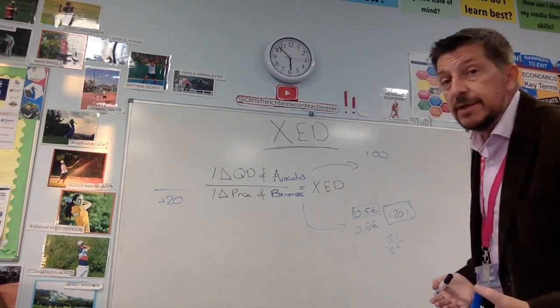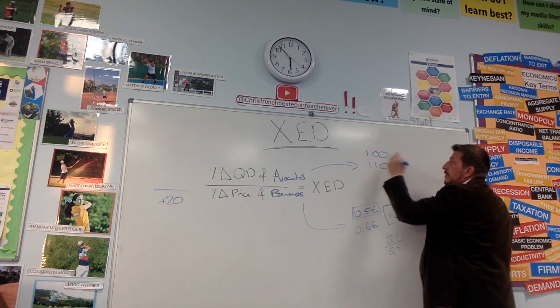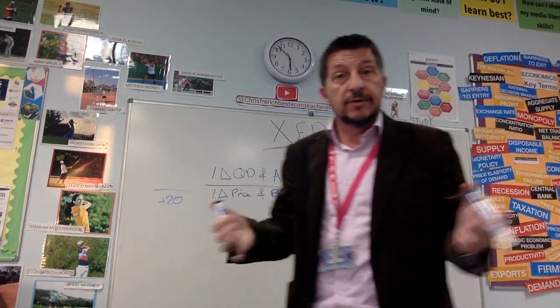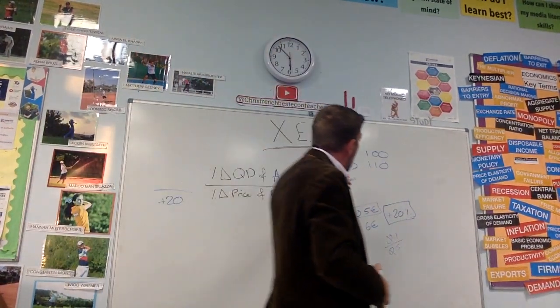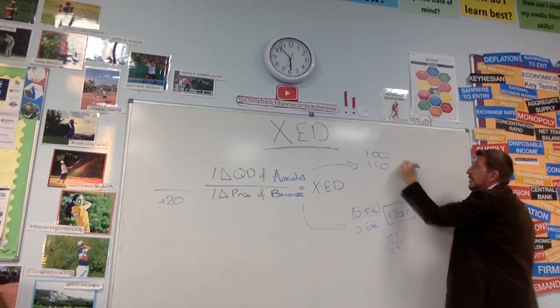Following the price rise, we see that the number of avocados sold went to 110. What does this tell us? Well, it tells us two things. First of all, we know that this has gone up, and therefore it's a positive.